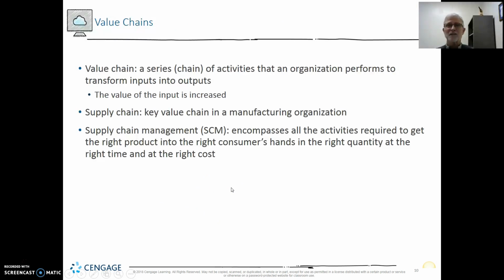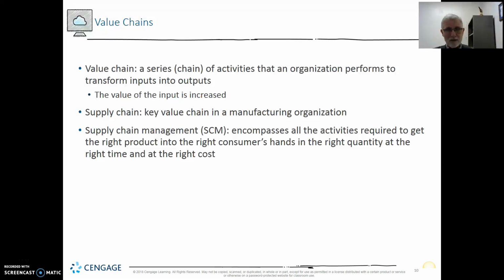Now, part of this process is something called a value chain. A value chain is just a series of activities that changes the data into information. Now, supply chain, you see it at Walmart all the time, from the supplier to a truck to the store to you. How is it made before the manufacture?